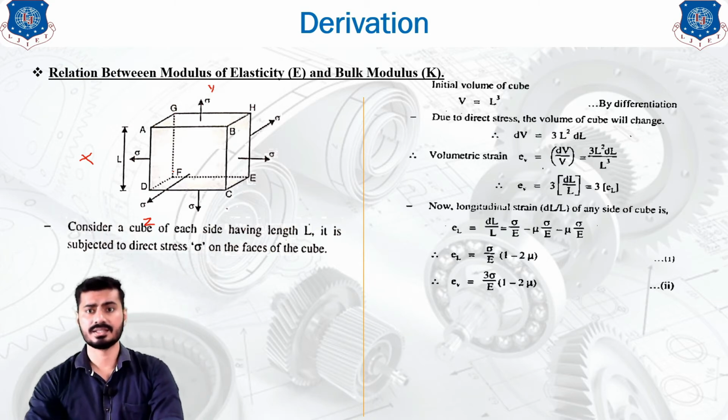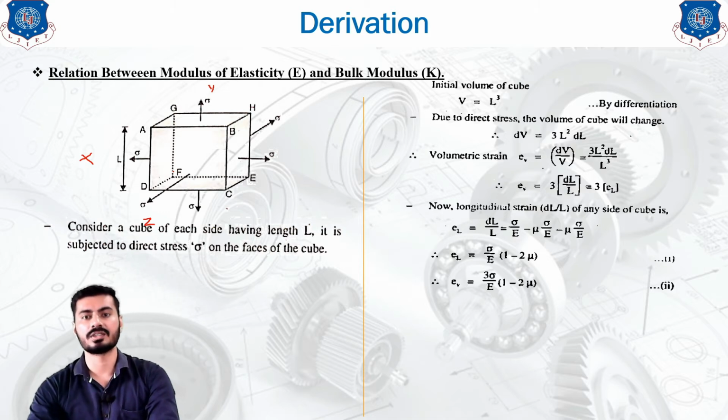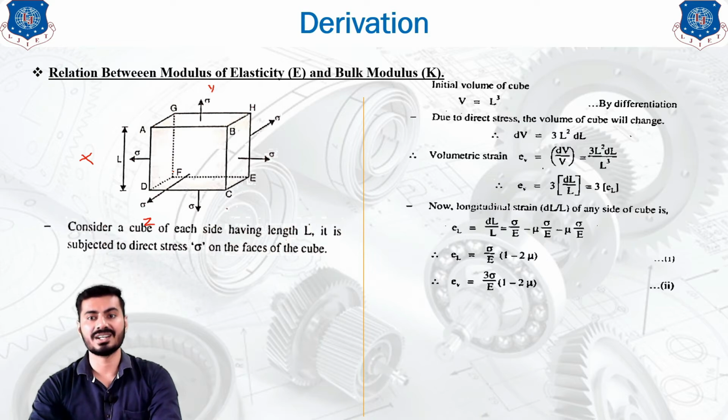Now consider the initial volume of the cube, which can be written as V equals L cube. Using the previous method, that is differentiation, we are going to find out the change in volume, since due to the direct stress the volume of the cube will change.